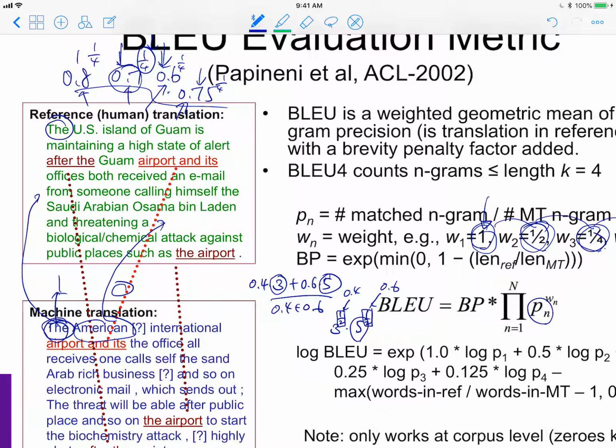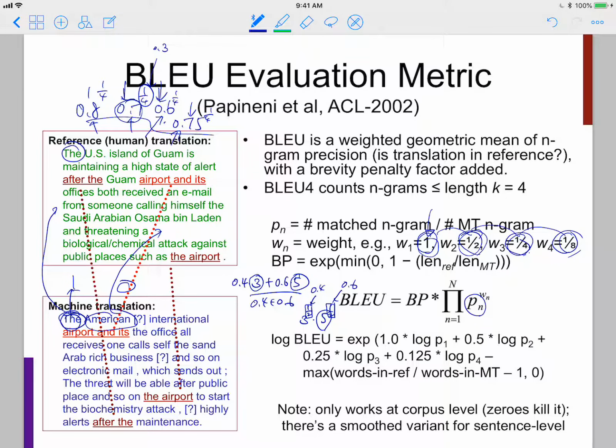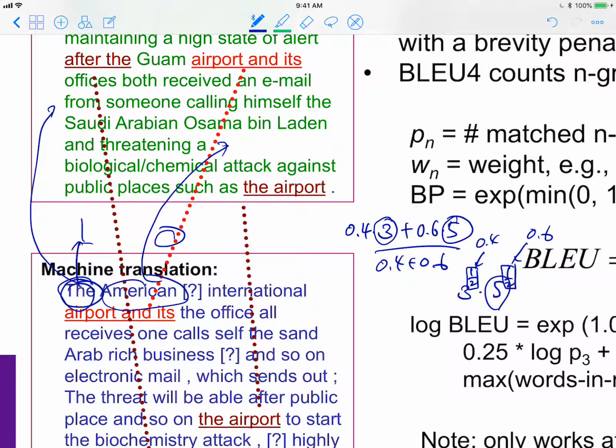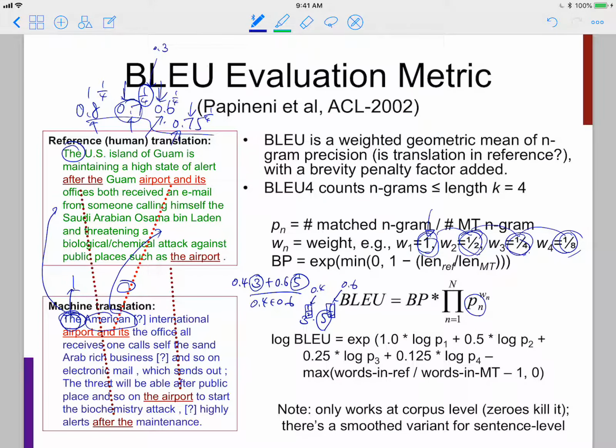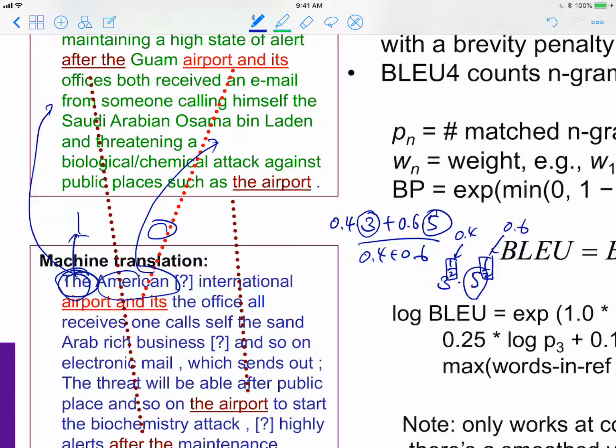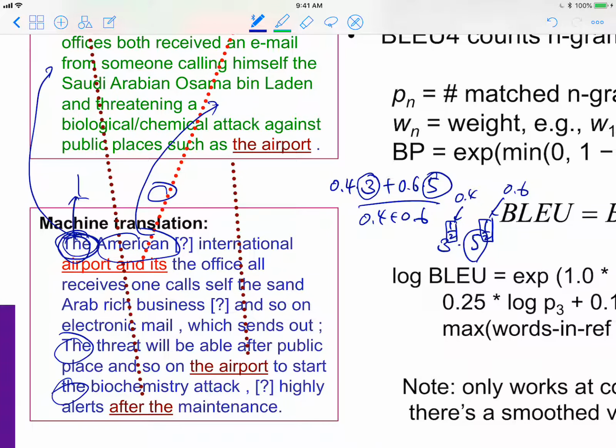But here, there is one additional trick that we use in the BLEU score. Say we generate the same token five times, but we have only 4 in the ground truth.